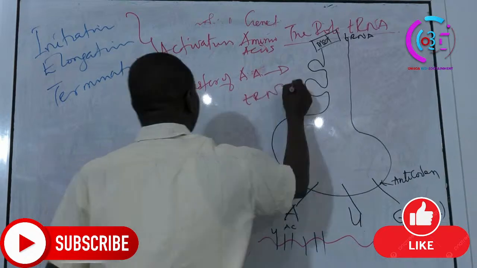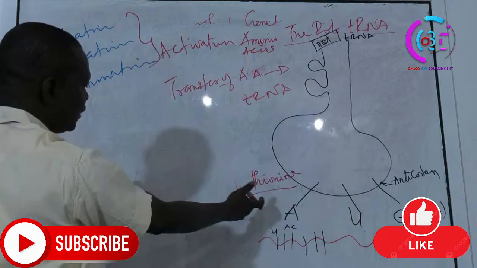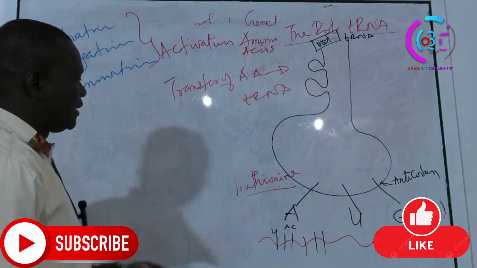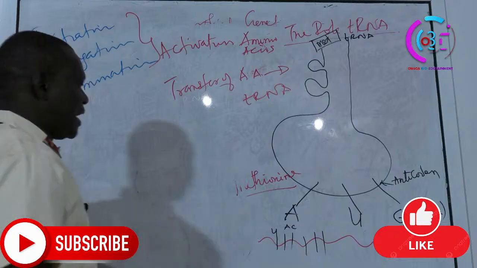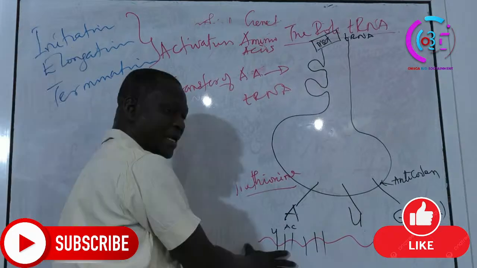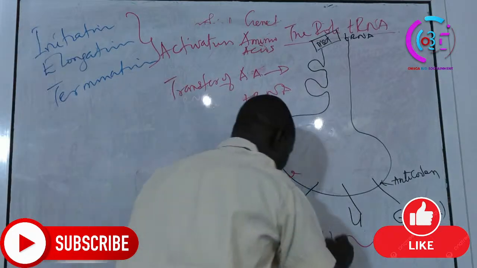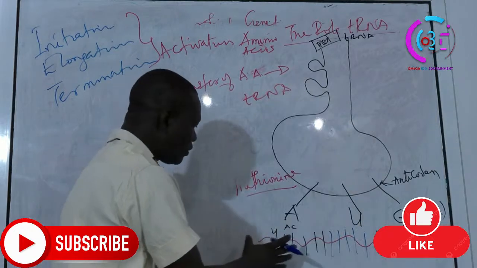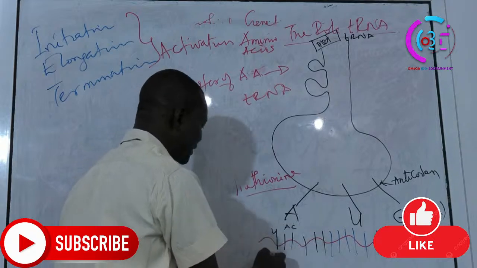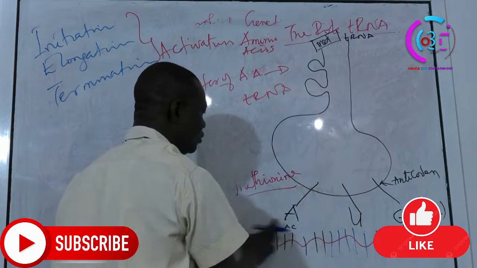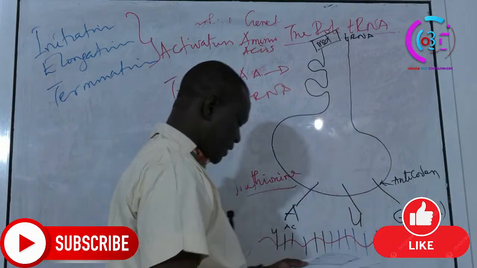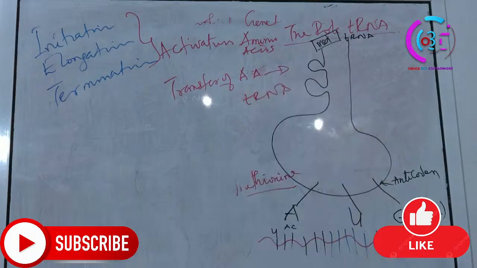Just like I told you about the structure of transfer RNA, it is the transfer RNA that contains the anticodon, and it is this anticodon that will bind with the three-letter code on messenger RNA, and immediately it has synthesized methionine, this one will leave the stage, followed by another one, followed by the next, and that is the procedure by which it is going to work.